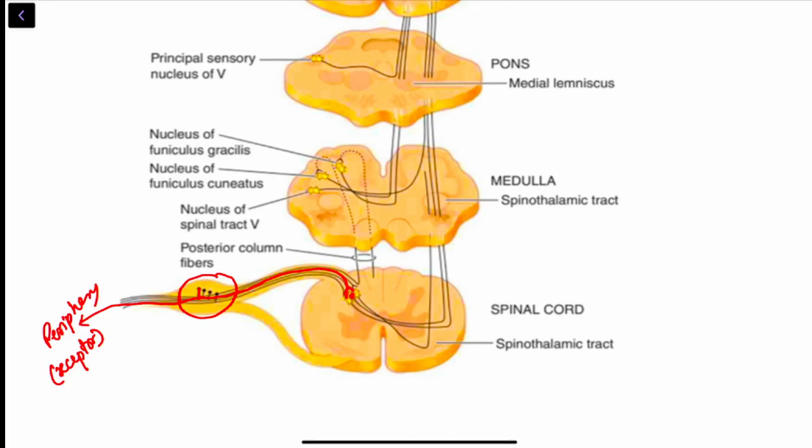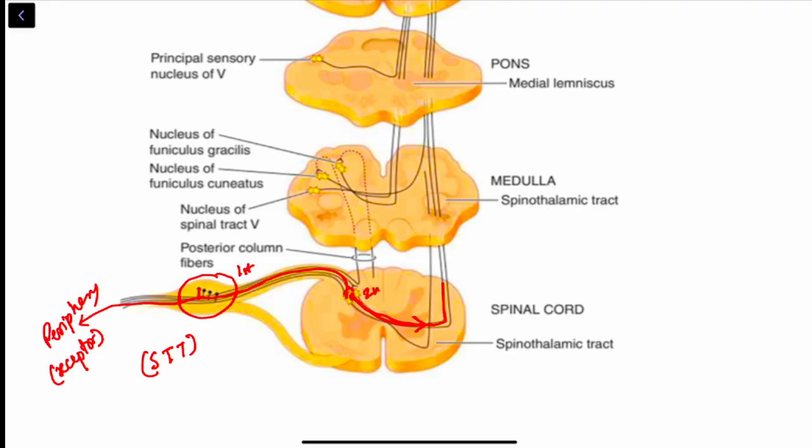And important part here is that this is the spinothalamic tract, STT. This axon will cross to the opposite side at the same level, right? It will cross to the opposite side at the same level. This is the root entry, and at the same level the neuron, this is the second order neuron, this is the first order neuron.